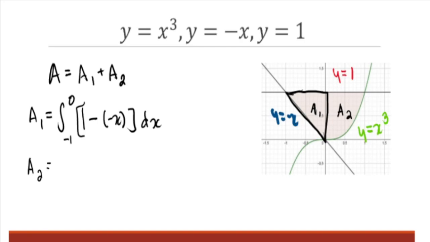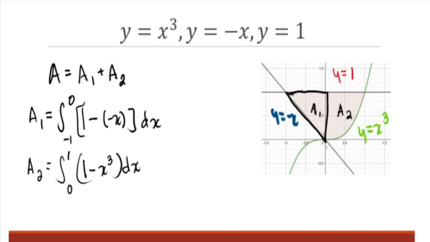And the second area is given by the definite integral from 0 to 1 of 1 minus x cubed dx. So this part here is bounded by y equals 1 and y equals x cubed.